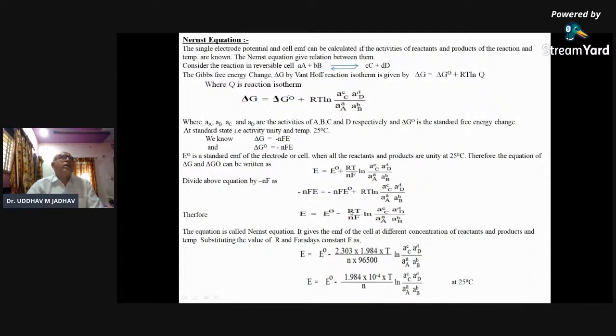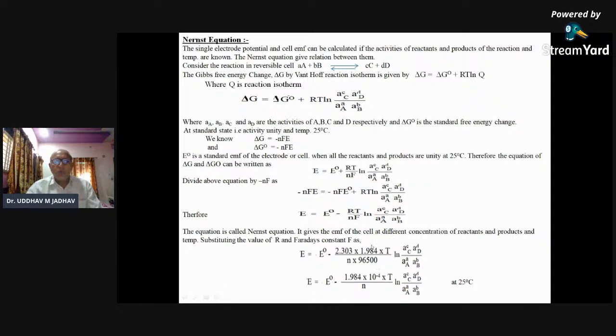The values for the gas constant are 1.987 calorie, 8.314 joule, then in liter atmosphere, and one may express the value of R in cc atmosphere also. But here, for our calculation purpose, we will use the value of R in calories. Here T, the temperature, may vary. n is the number of electrons and F is the Faraday's constant, which is nothing but 96500.